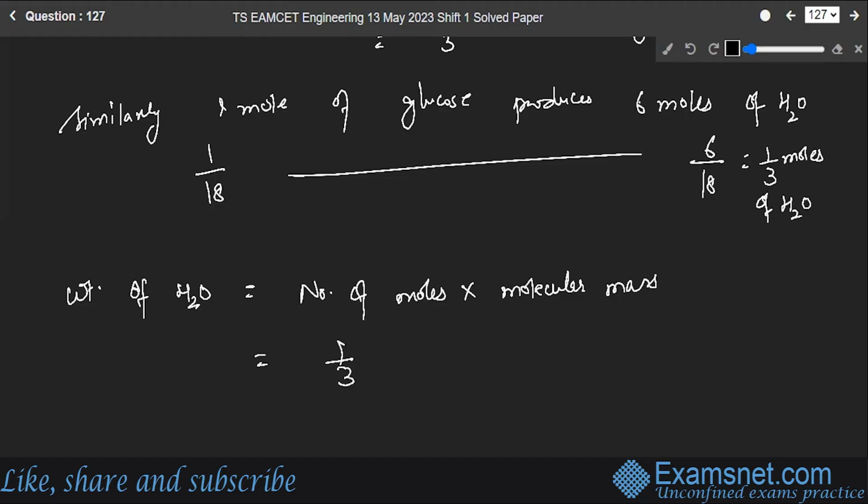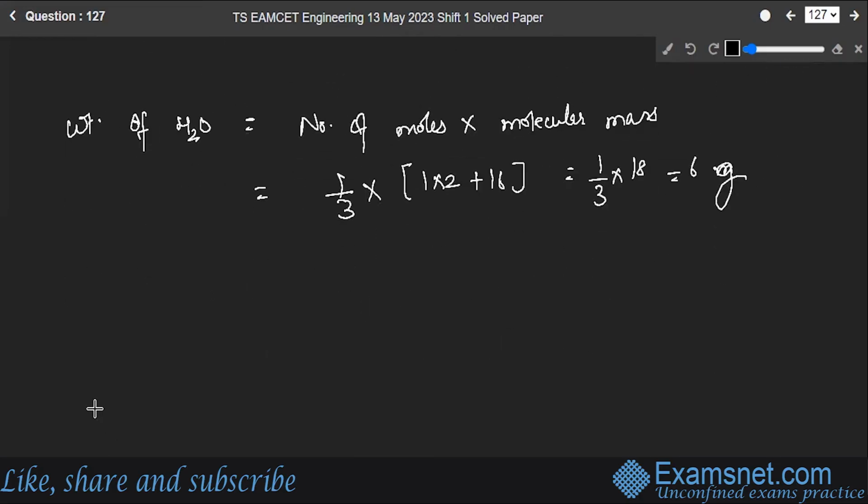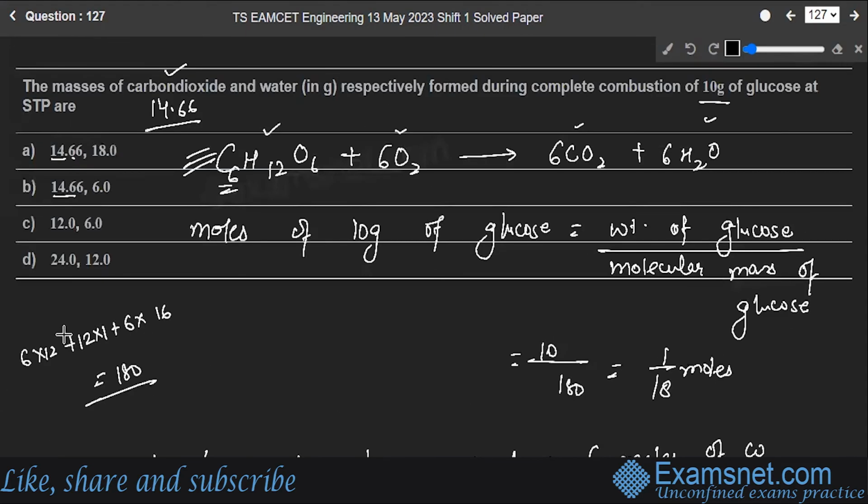That is equal to 1 by 3 into the molecular mass of water, 1 into 2 plus 16, that is equal to 6 gram. Right. So for carbon dioxide and water, you have 14.66 gram and 6 grams. That makes option B the correct answer.